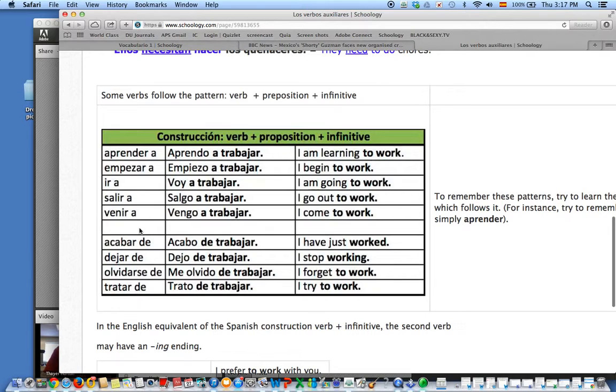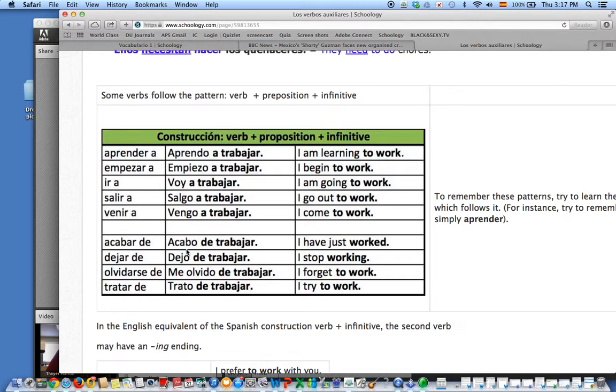Okay. Here's an interesting one right here, acabo. The verb acabar means to finish or to complete something. So if you want to say, I just finished taking out the garbage, I would conjugate acabo, get rid of the ar right there.